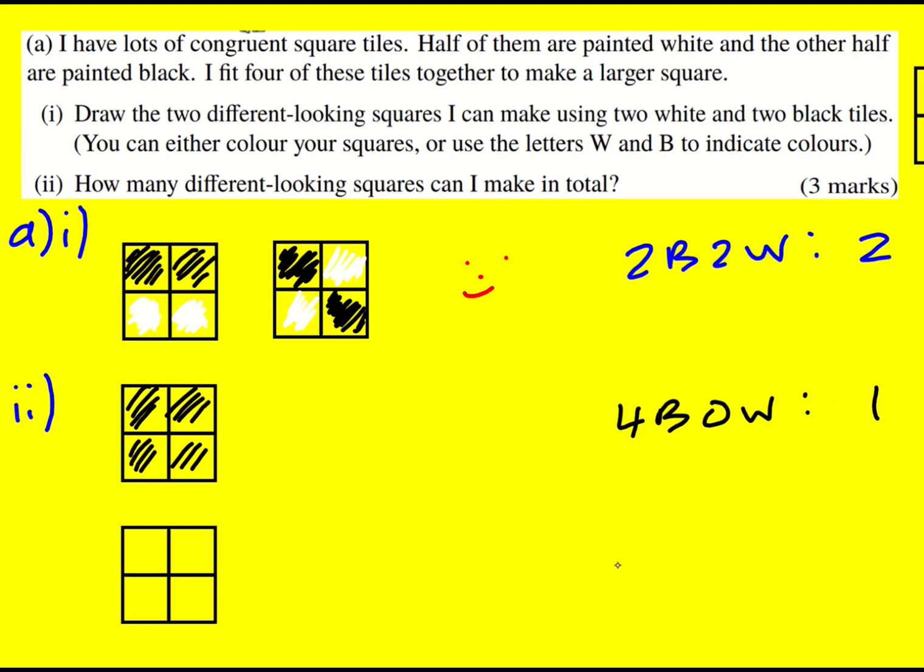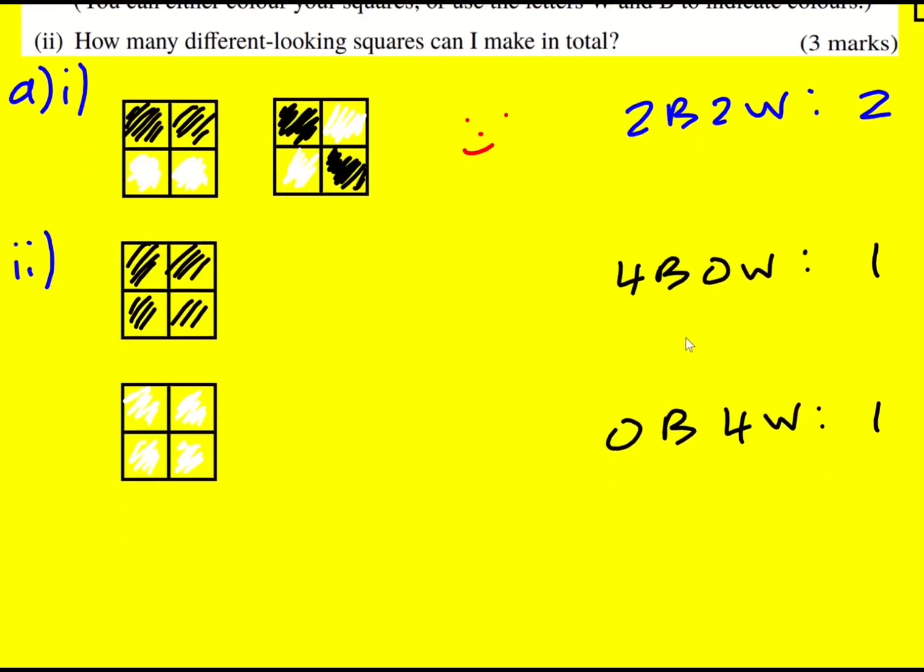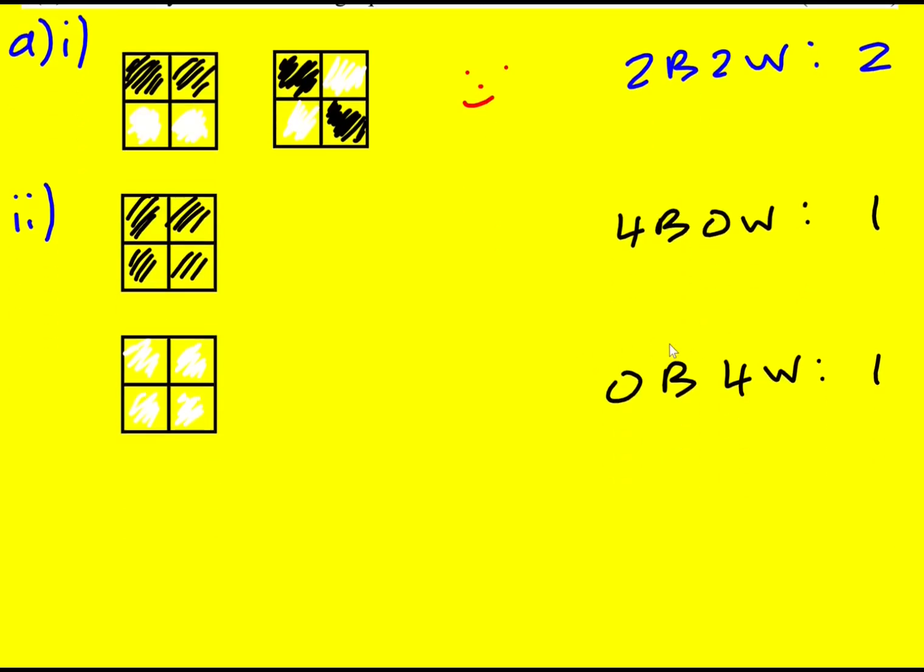And the same over here. So all I've got left to do is look at 3 of them being black and 1 of them being white. And that would be exactly the same as 1 of them being black and 3 of them being white.